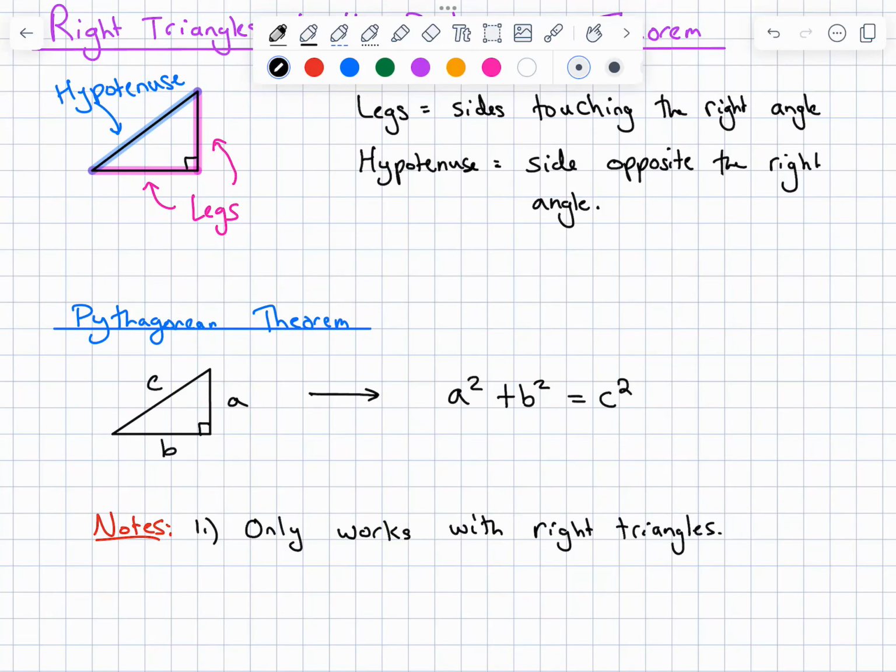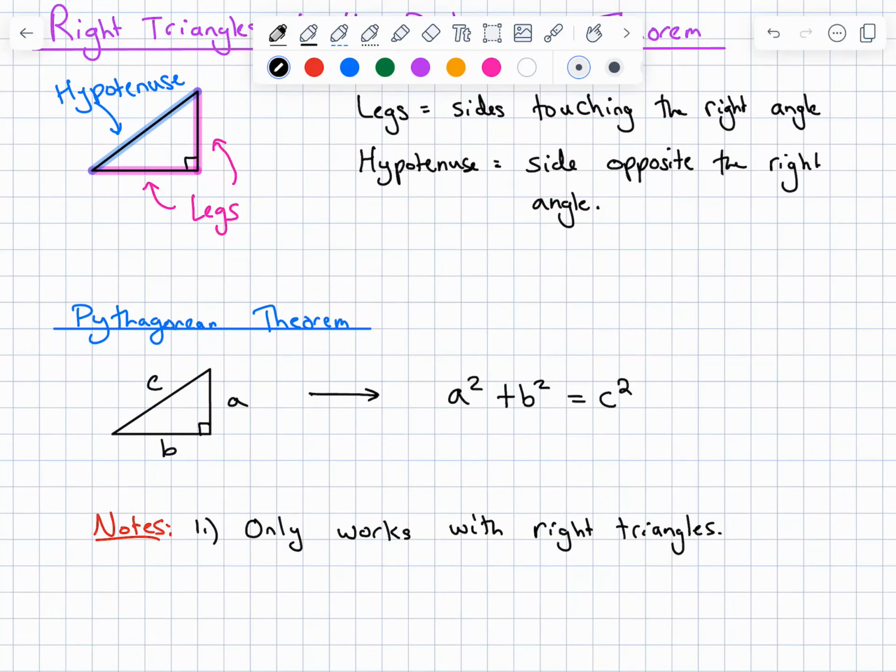For any other triangle, scalene, obtuse or acute triangles, it will not work. It only works for right triangles. It's one of the main axioms of our geometric system, of our Euclidean geometry, that A squared plus B squared is equal to C squared.